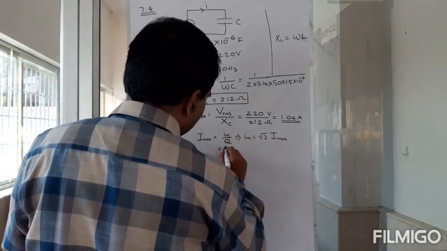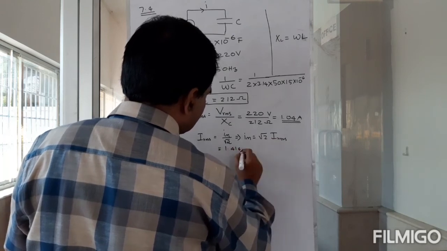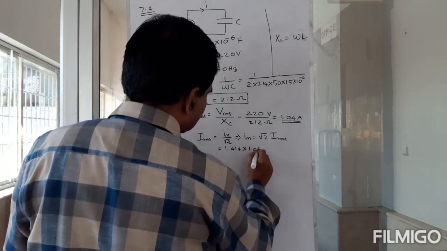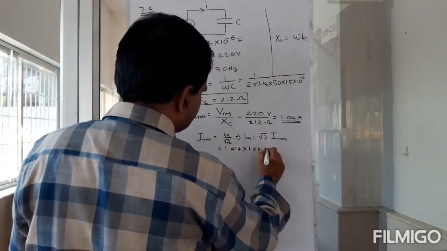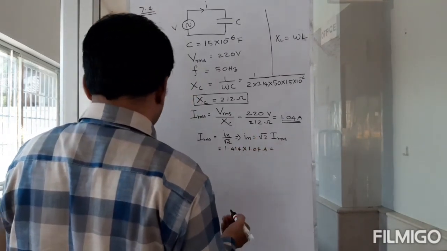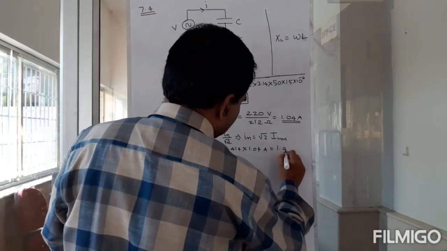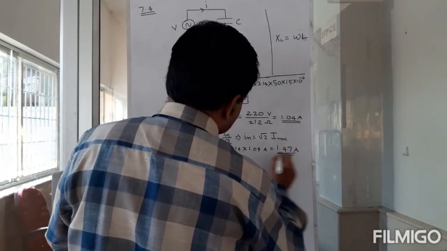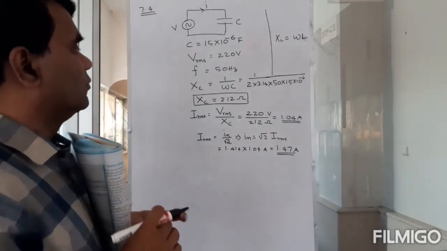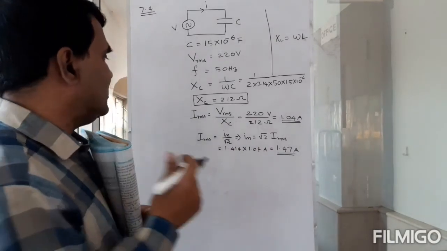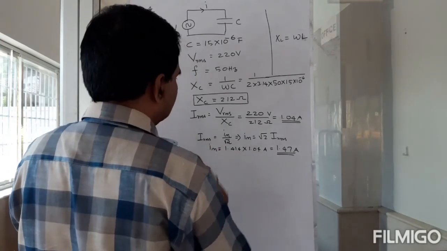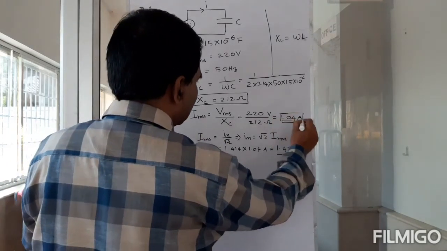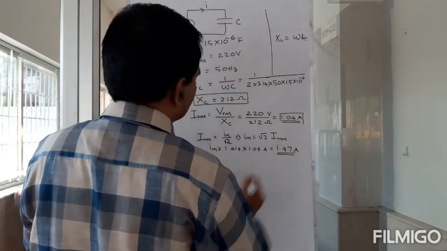Root 2 is 1.414, into 1.04, which is roughly 1.47 amps. So that is IM, the maximum value. I RMS is 1.04 amps, and IM is 1.47 amps.